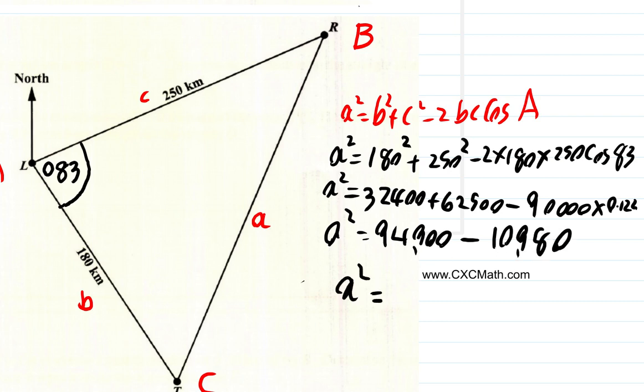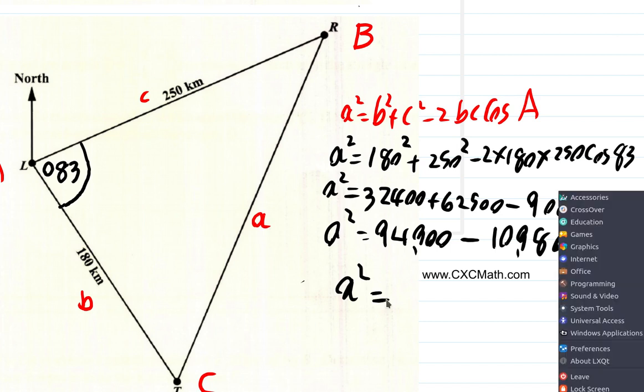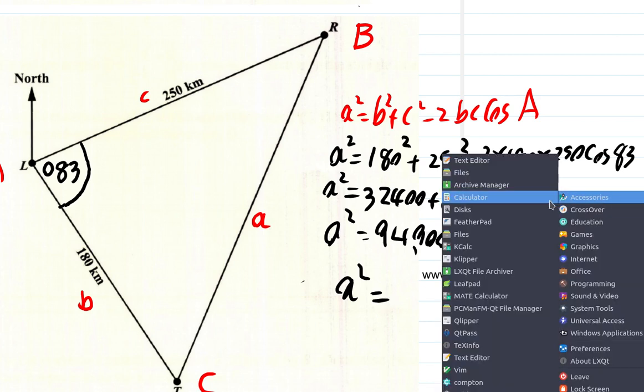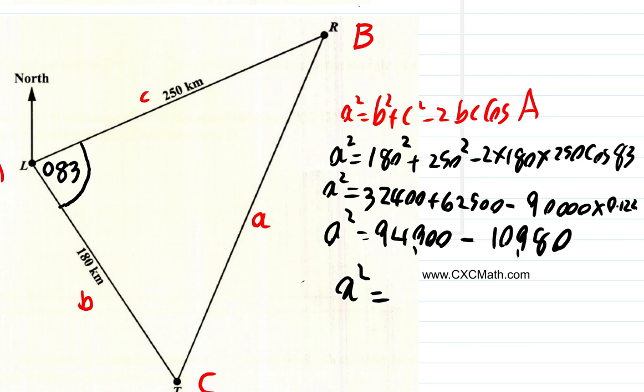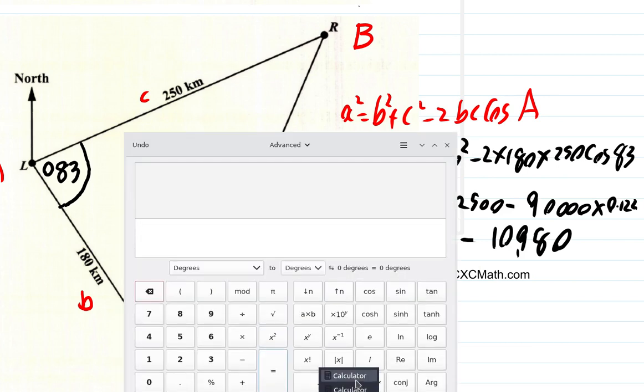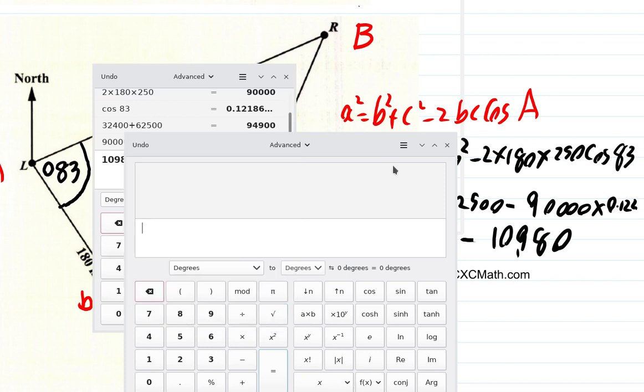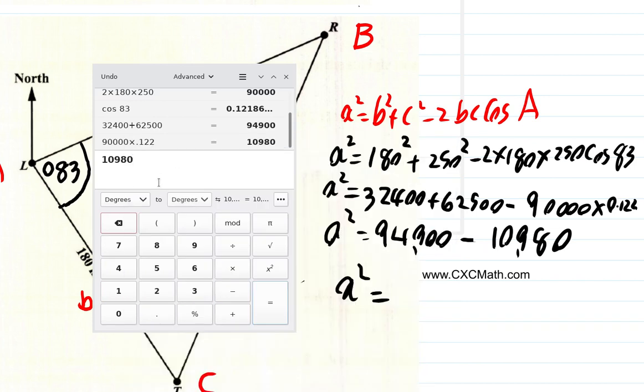So a squared equal, and then what you have here is going to be 94,900 minus 10,980 equals 83,920.